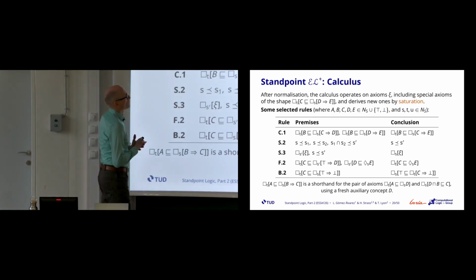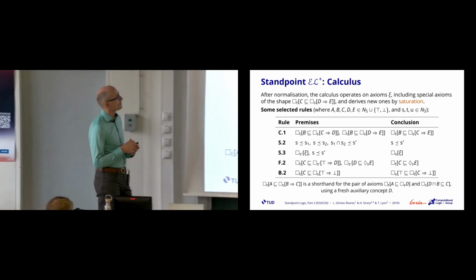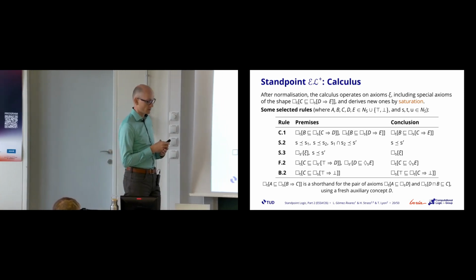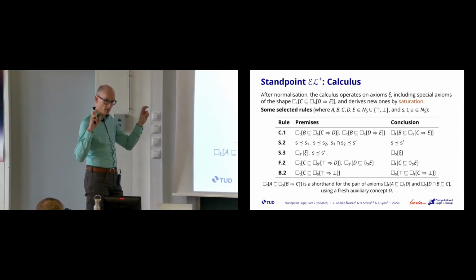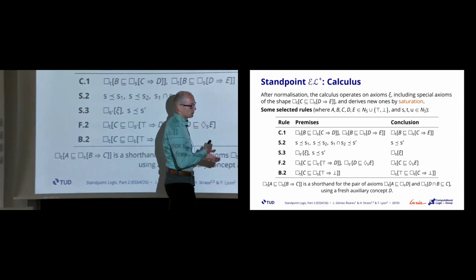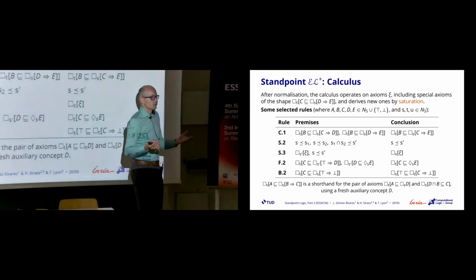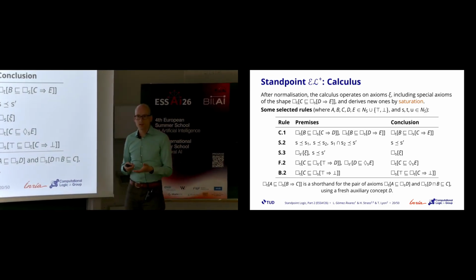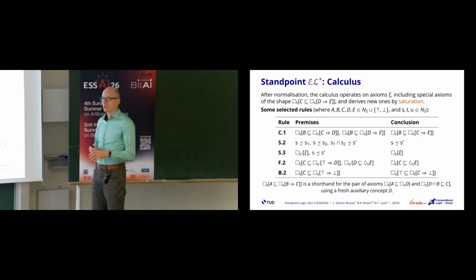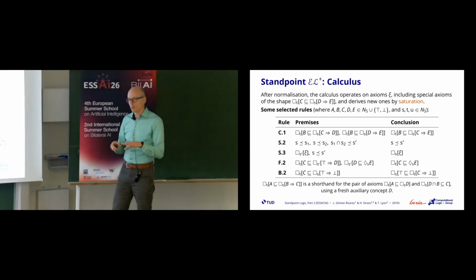So we have this calculus with its completion rules, and as I said, the idea is to complete a given knowledge base in the sense of adding all logical consequences, right? But of course, we don't want to add trivial consequences like C is subsumed by C, and so on. So we have to take care not to derive too many things.